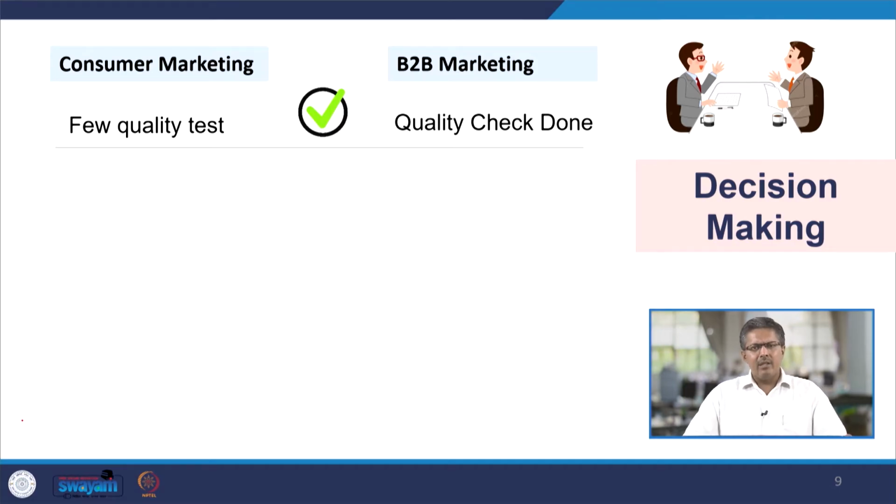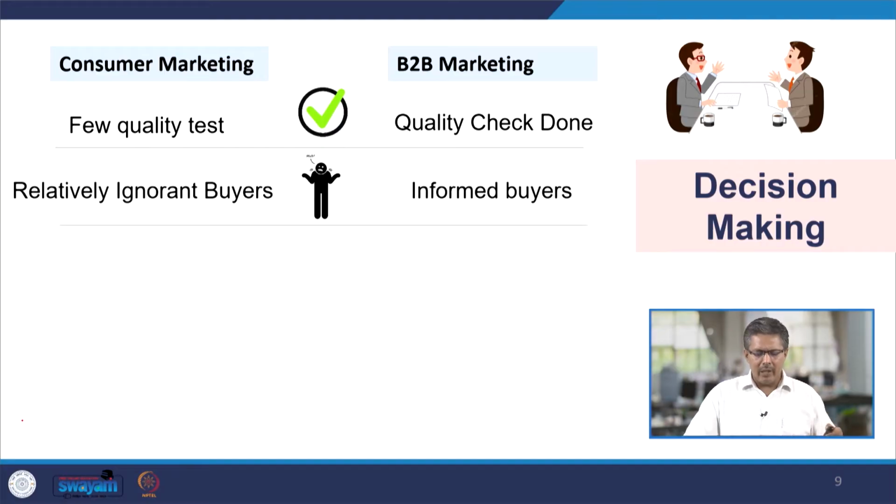In fact, the differentiator in B2B is quality and service. How good a service or quality a company can offer separates one good company from another.